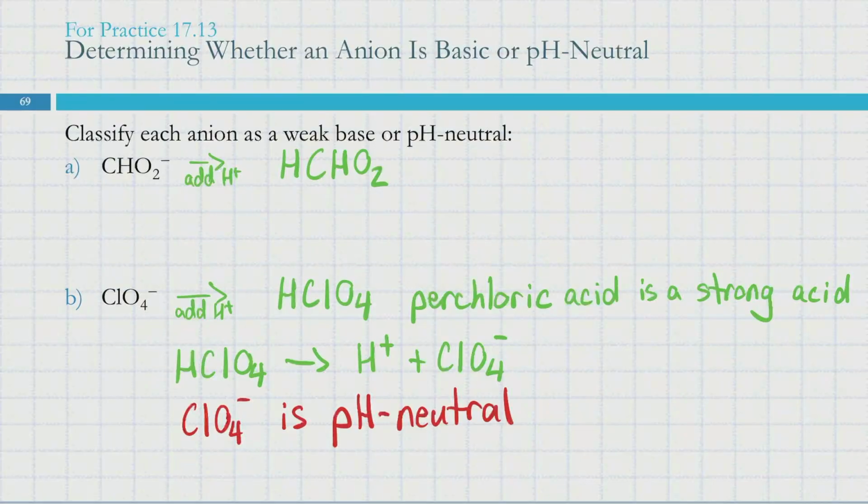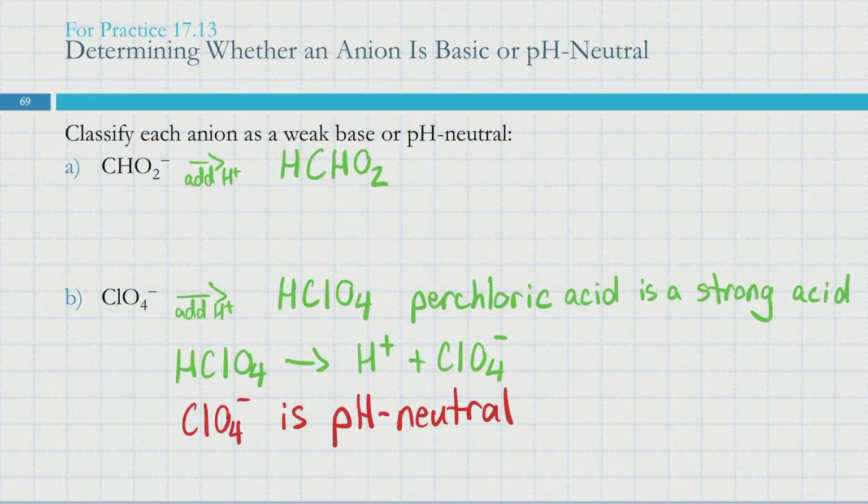You don't necessarily have to go through all those steps to get to the correct answer, just trying to show you some of the things you might think about to arrive at that answer. Any guesses about HCHO2? CHO2- is a weak base.